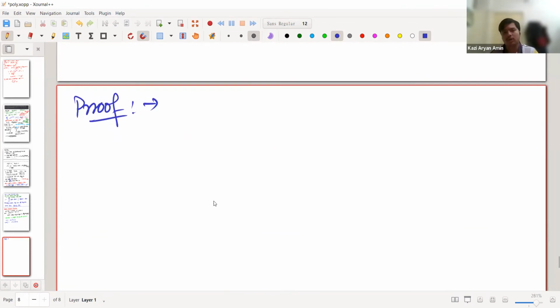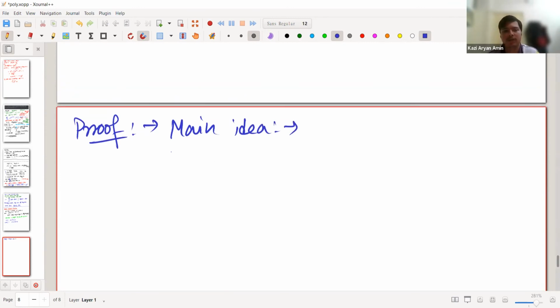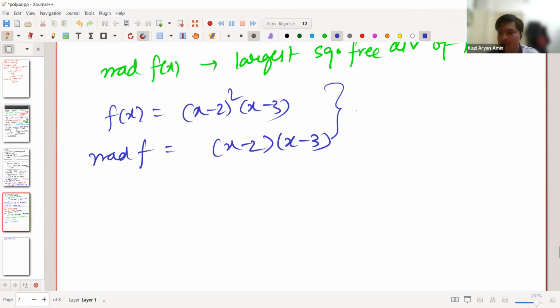The main idea of the proof is that we will continuously use a relation of the following form. If we consider the polynomial f divided by rad of f, then if f was square free itself, it's just a constant polynomial.